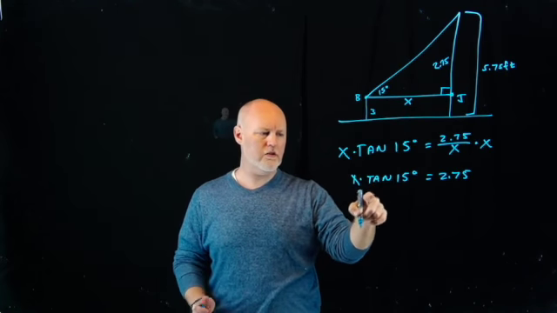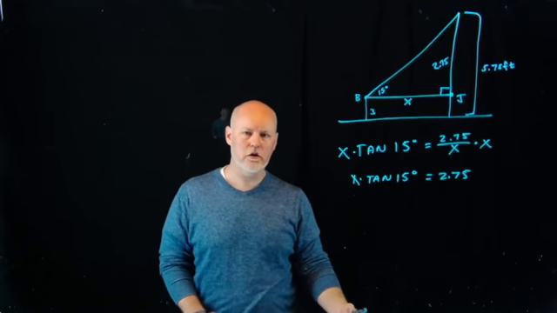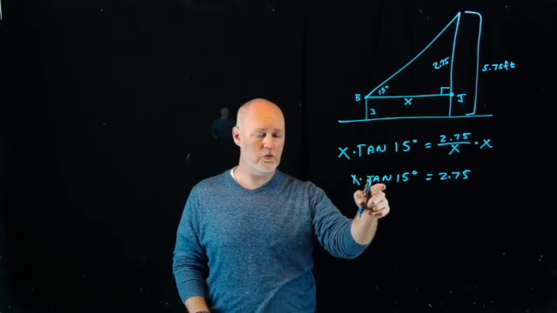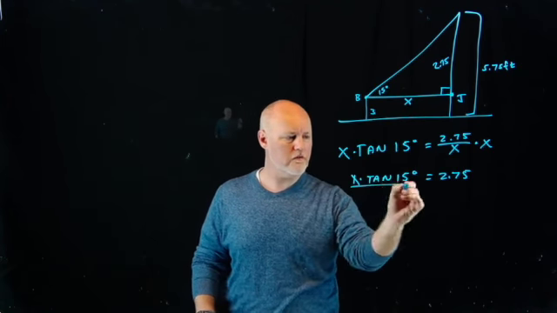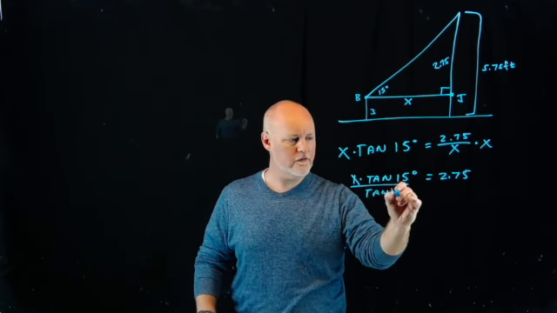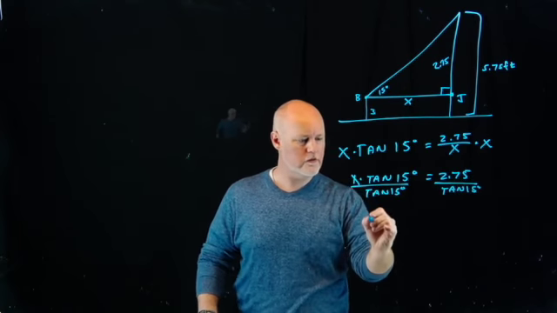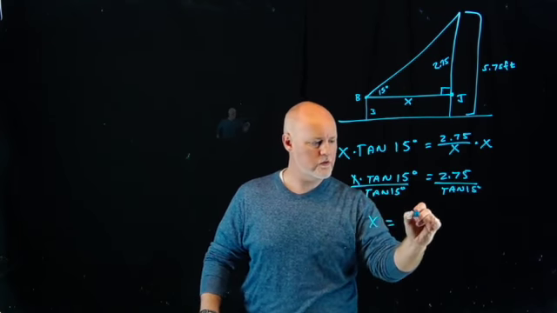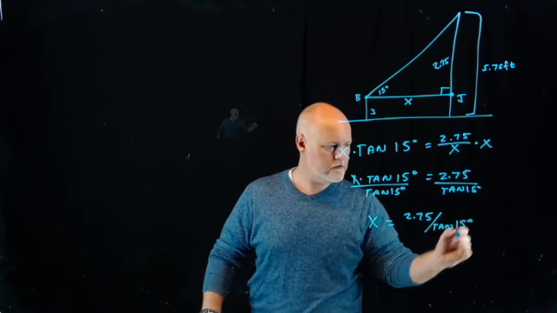Not really good mathematical terminology, but it is what we're thinking. x times our coefficient is what we're doing right there, so we need to divide by this to do the inverse of that multiplication. So we divide by tangent of 15 degrees on both sides, and we get x is equal to 2.75 over tangent of 15 degrees.